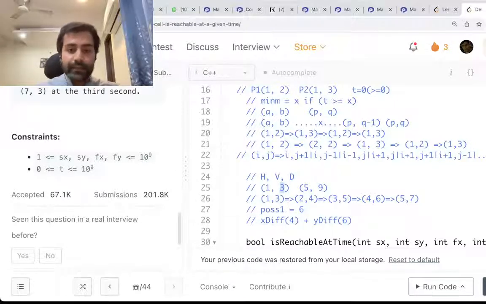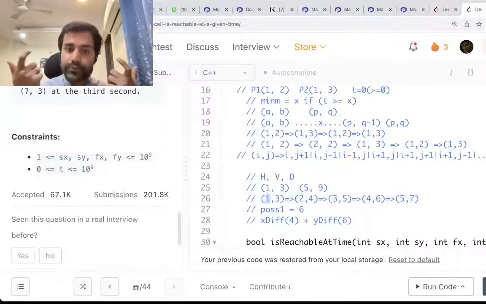Okay, cool, great. So as I said, the first possibility was that you keep moving and somehow make your x coordinate equal. So I changed the x coordinate of my point to 5. And the second option could have been that I change the y coordinate of my point. When I try to change the y coordinate of my point, my x coordinate could be something different.